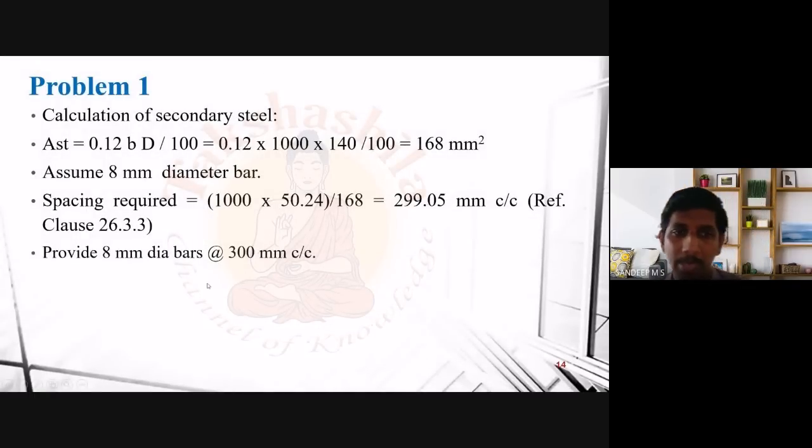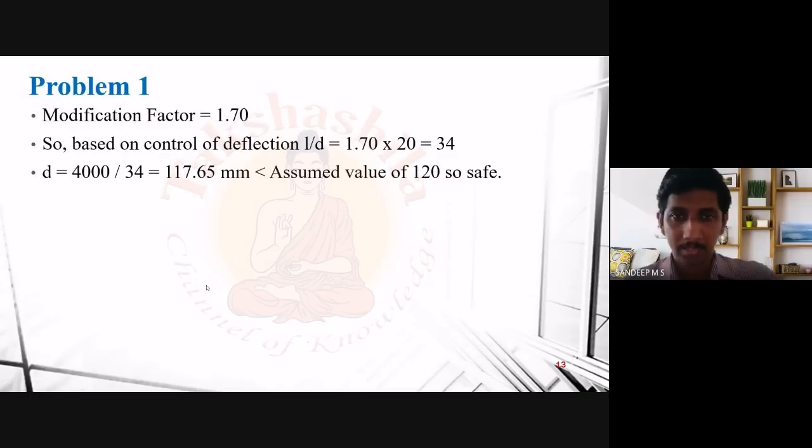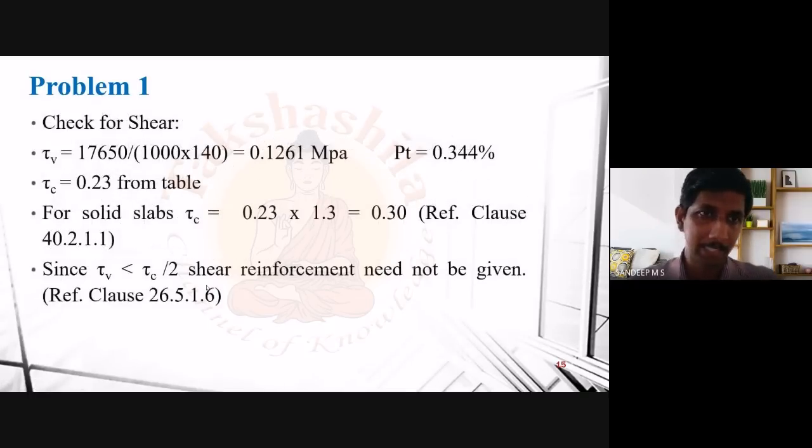We are providing 8 millimeter diameter bars at 300 millimeter center to center distance. Now we have designed our primary reinforcement as well as the secondary reinforcement corresponding to 0.12%. Regarding the maximum spacing there is a slight difference, so please note that.